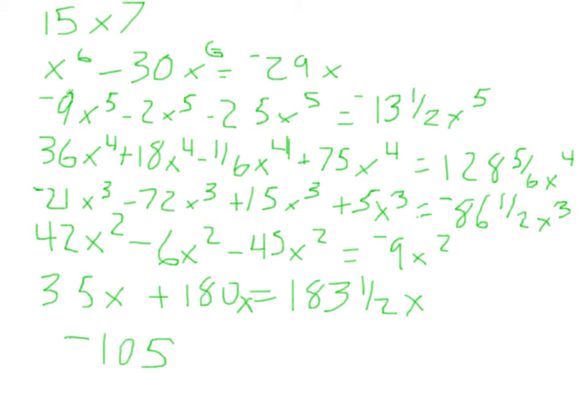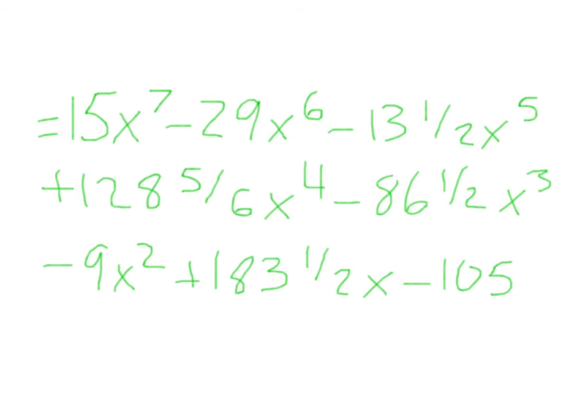So you'll start with the 15x to the 7th, and then you'd have negative 29x to the 6th, minus 13 1/2 x to the 5th, 128 and 5/6 x to the 4th, minus 86 1/2 x to the 3rd, minus 9x squared, plus 183 1/2 x minus 105.